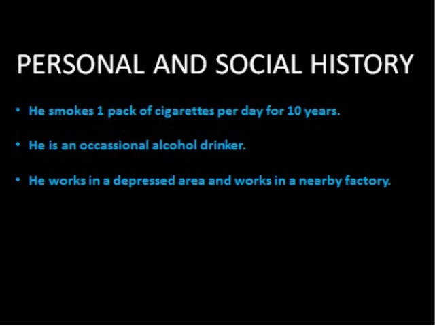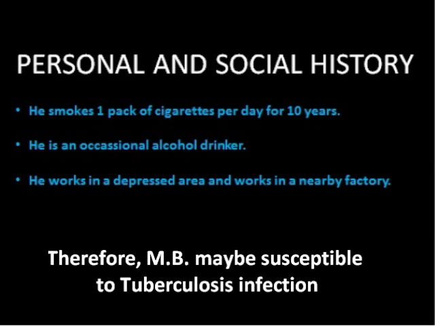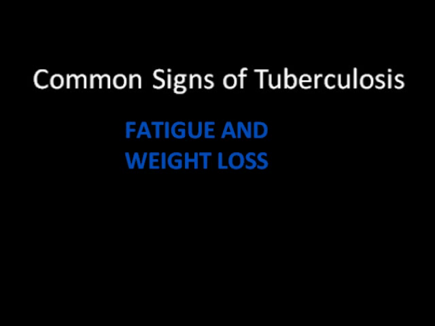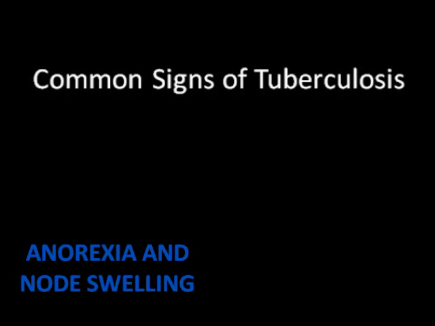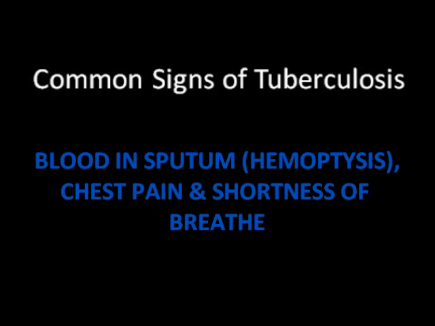Based on MB's record, he smokes 1 pack of cigarettes per day for the past 10 years and is an occasional alcohol drinker. He lives in a depressed area and works in a nearby factory. Therefore, he is susceptible to tuberculosis infection. Clinical symptoms: fatigue and weight loss, anorexia and nose swelling, low-grade fever and night sweats, blood in sputum, chest pain, and shortness of breath.